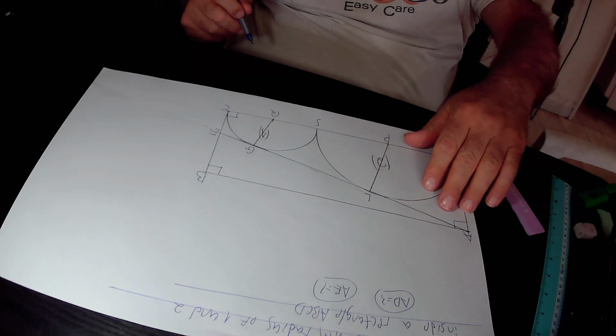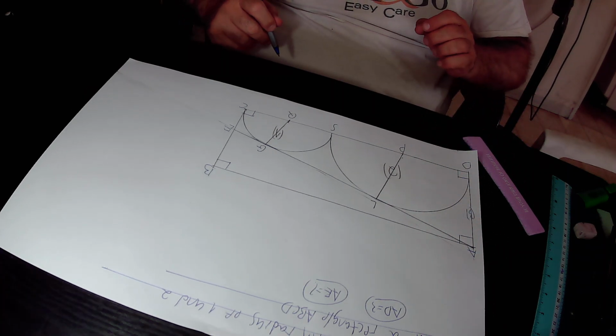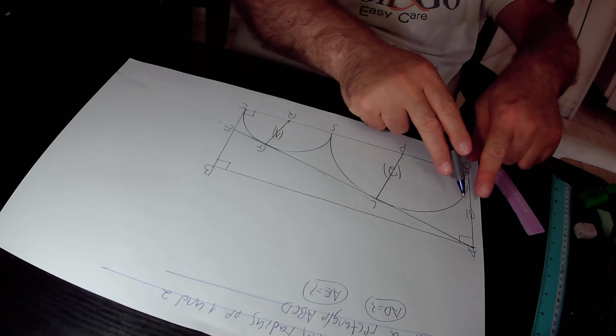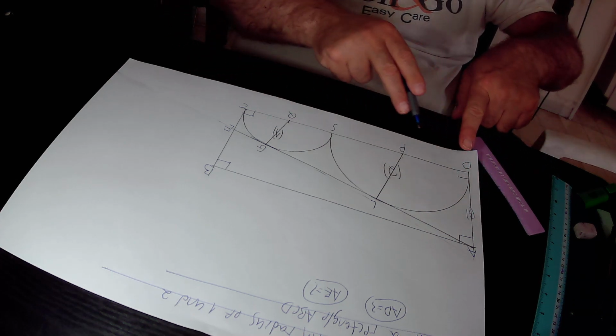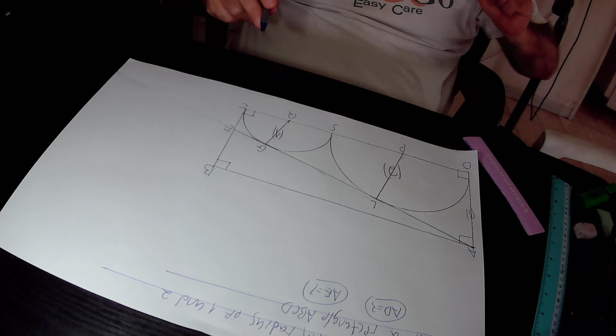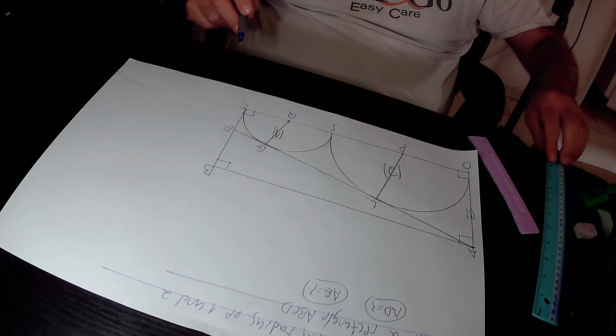In the next step, we will do a construction. That is to say, we will extend line segment AE and side DC of this rectangle by a straight line until they touch each other.